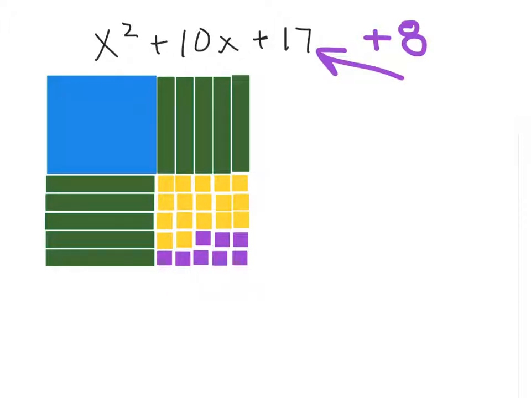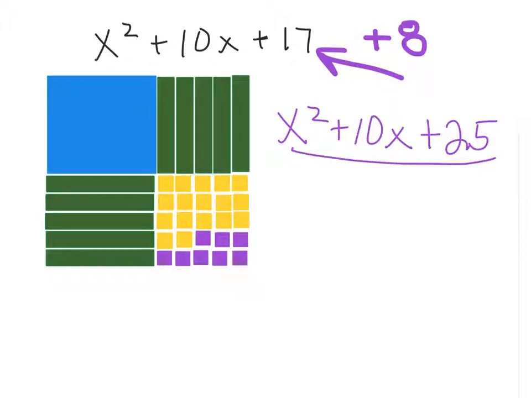We end up with an equation that says x squared plus 10x plus 25. Okay, so if you recall, this is a quadratic of a perfect binomial square. So we can factor this and it will show us that we have a perfect binomial square.